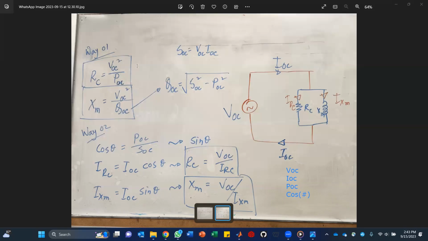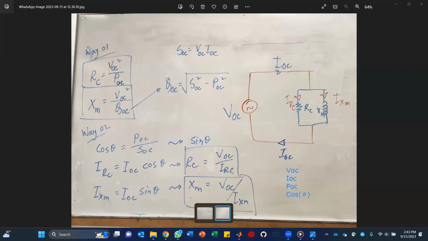Then from these, we can calculate sine theta. After that, since we know that these RC and XM are directly parallel with this power supply, with this equation we can measure the value of the current that is passing through this RC.